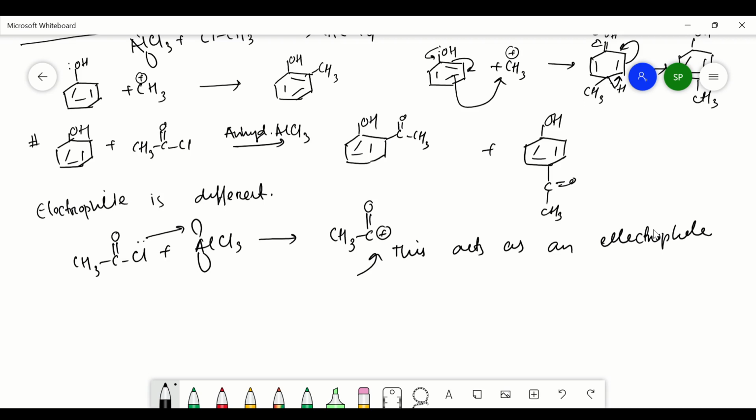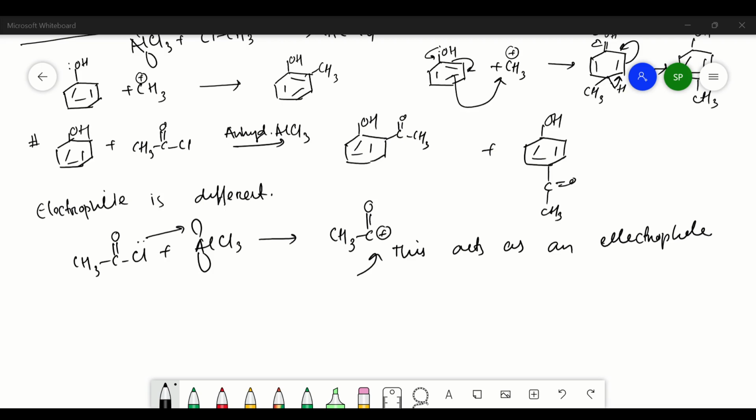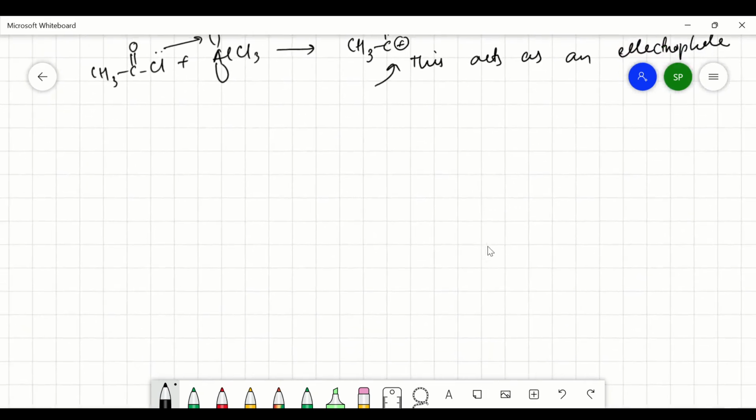Now the phenol reacts with this electrophile and there is formation of ortho-substituted and para-substituted phenol.